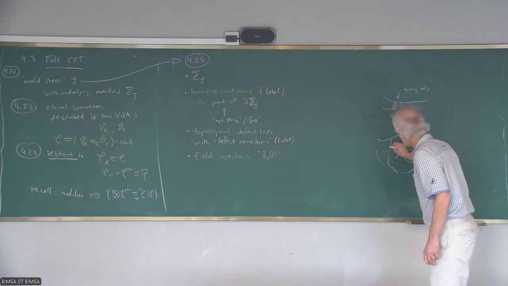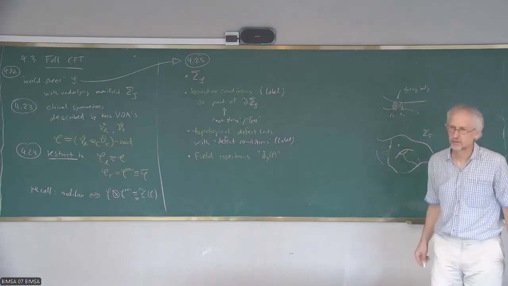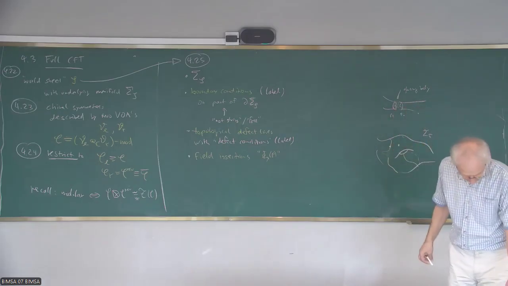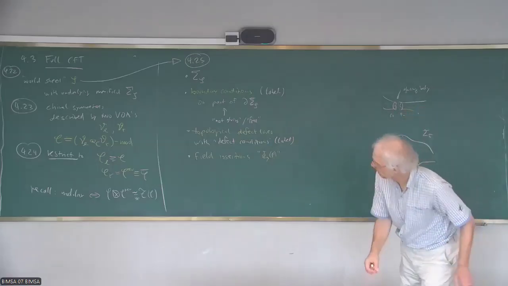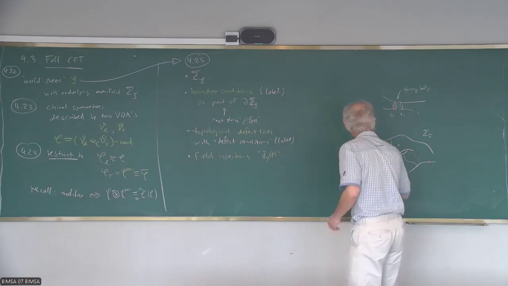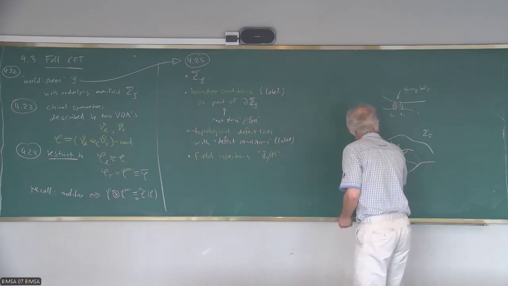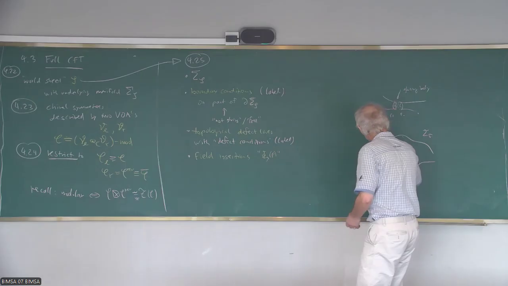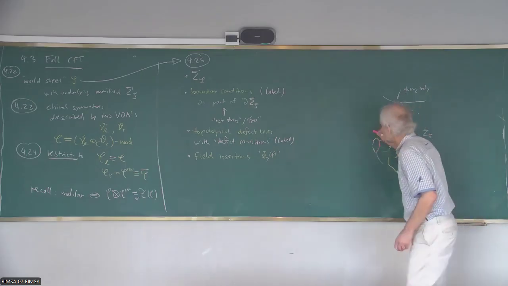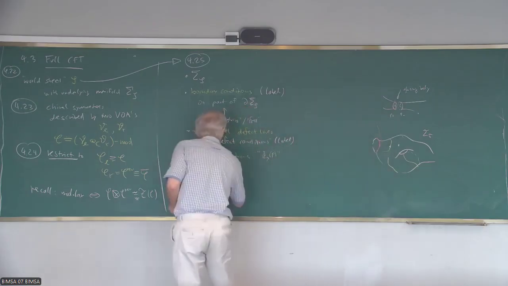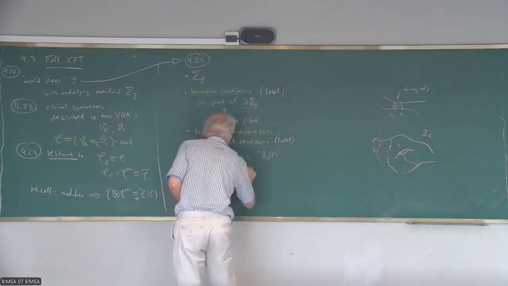If there is no defect line, that is. If they lie on a defect line, I will use a theta instead. But I can have a free boundary here, a free boundary component, and there might be a circle here, which partly is free, and on a free boundary I can have what is called a boundary field.